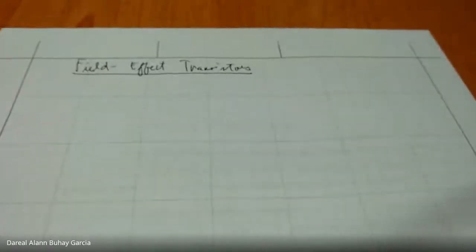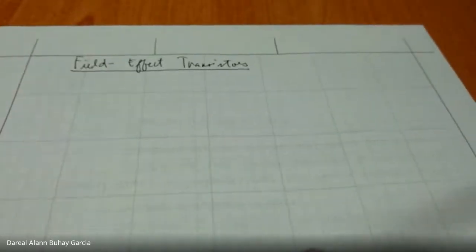There are two types of MOSFETs and two types of MESFETs. Okay, very good. Enhancement and depletion type MOSFETs and MESFETs.